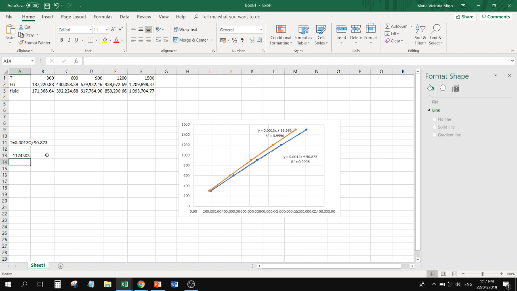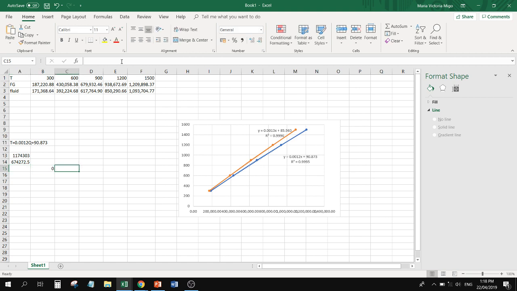So the next one is 900 minus 90.873, okay, divided by 0.0012.